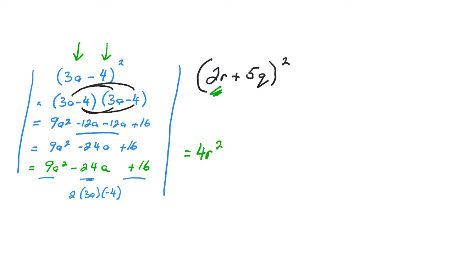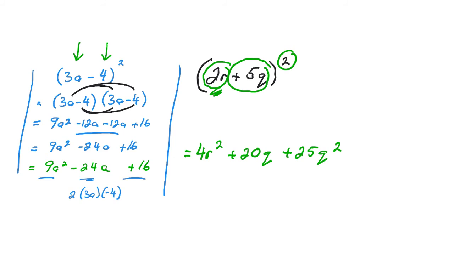The second term is 2 times 2r, which is 4r, times 5q, which is 20q, and the last term is 5q squared, so that's 25q squared.